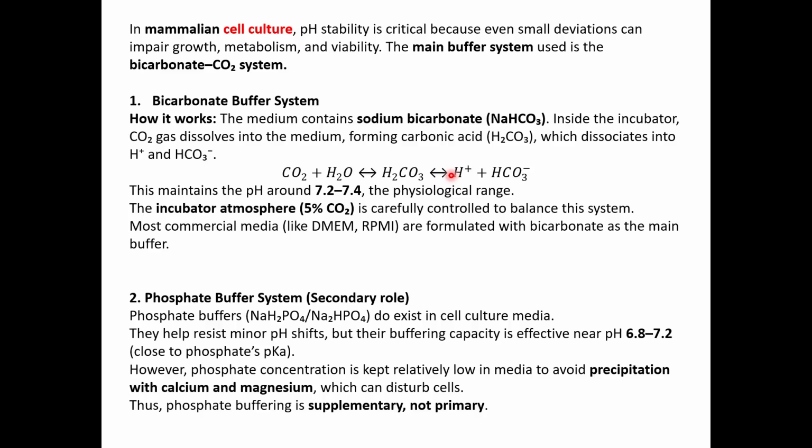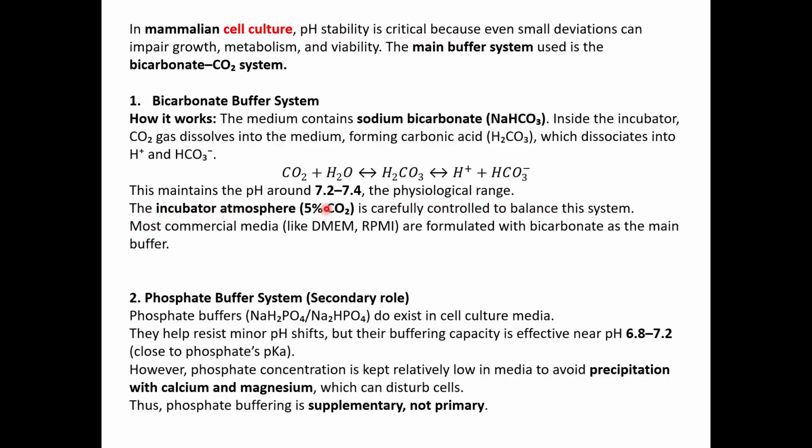So when there is growth of the cells and then the secondary metabolites are released, the media tends to move towards the alkaline system. So this buffer system helps maintain it in the neutral or in the physiological pH of 7.2 to 7.4. So this maintains the pH around 7.2 to 7.4, that is the physiological range.